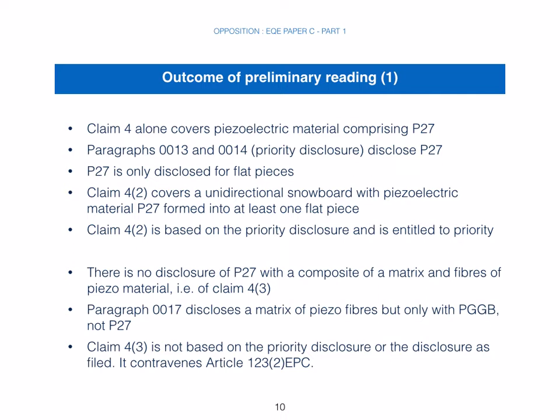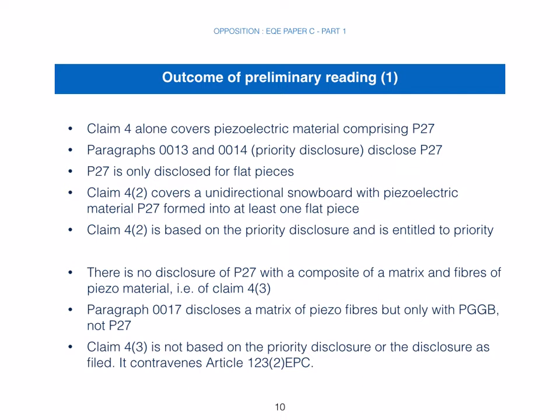On the other hand, we notice, reading through the document, that P27 is not disclosed anywhere in combination with a matrix of fibers of piezoelectric material, as is required for the subject matter of claim 4 when it depends upon claim 3. What we notice is that paragraph 17 describes a matrix of piezoelectric fibers, but these are only disclosed in combination with the piezoelectric material PGGB.